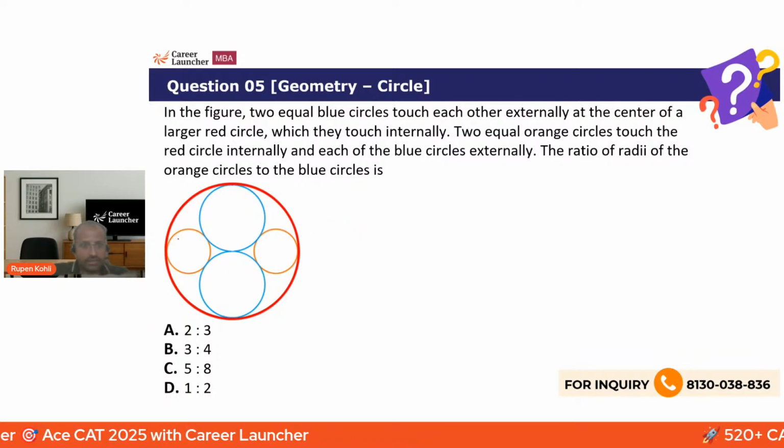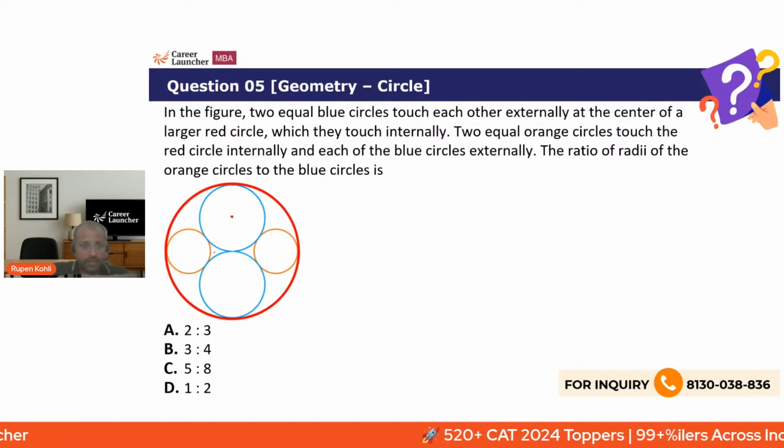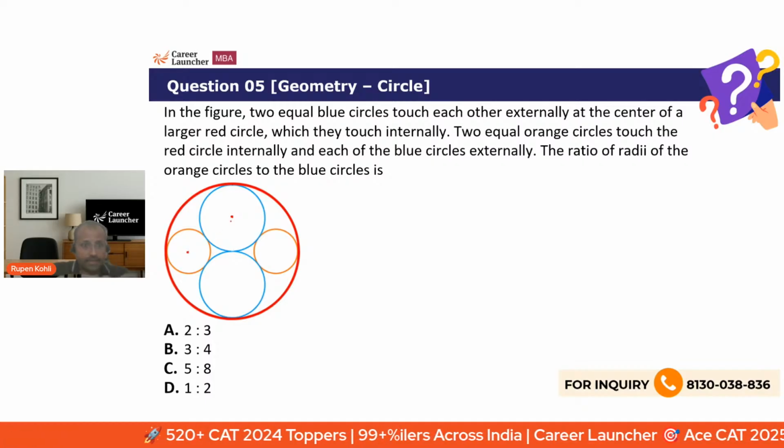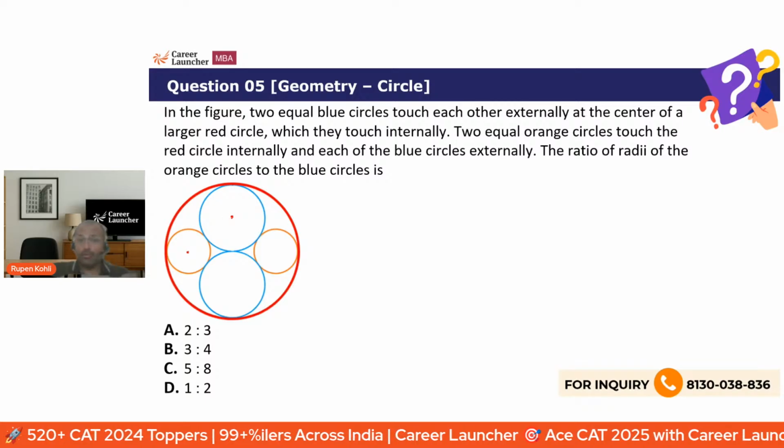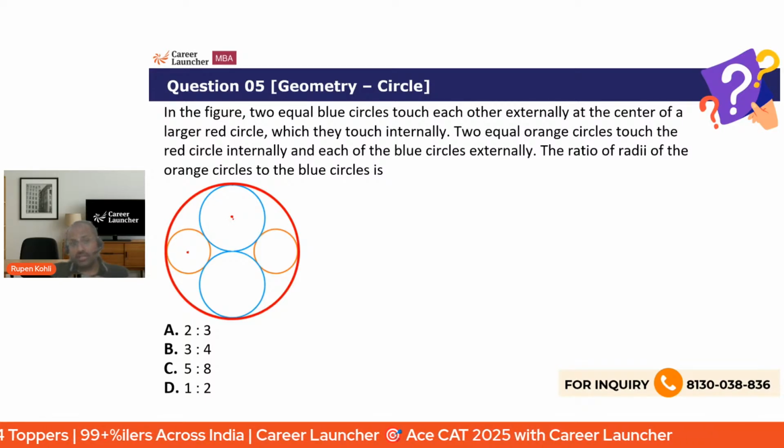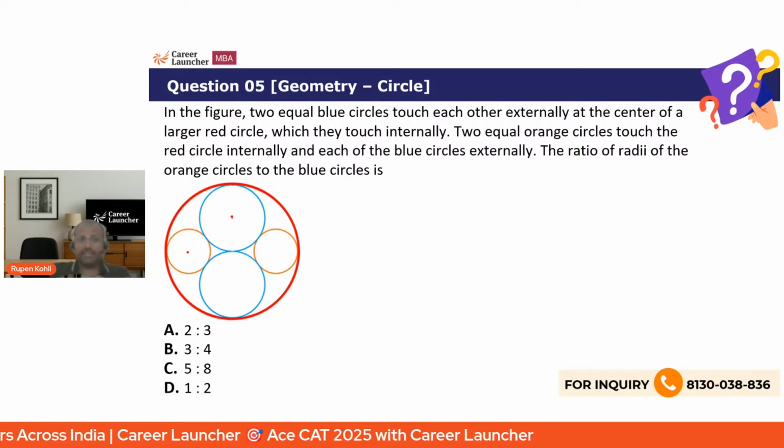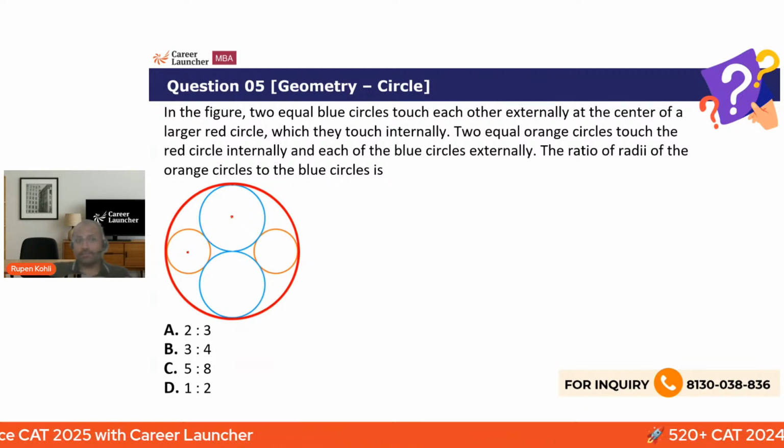For this blue circle, somewhere over here we'll have the center. For this orange circle, we'll have the center somewhere over here. Connect them. We know that when two circles touch each other externally, the line joining their centers passes through their point of contact.